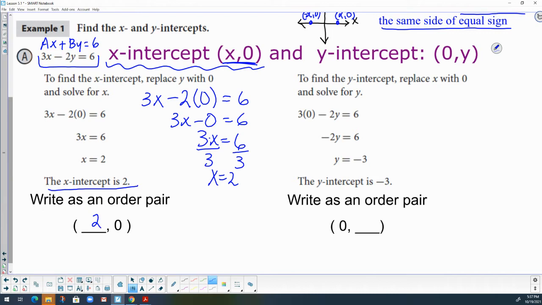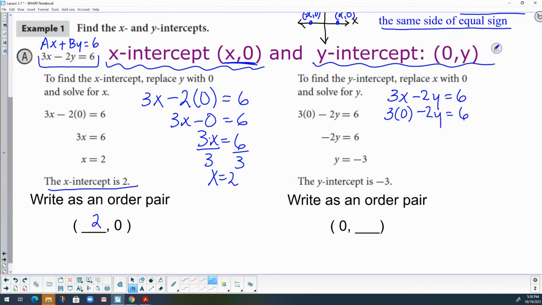Now that I found the x-intercept, I want to find the y-intercept. I'm going to do the same thing, but this time for my y-intercept, my x is 0. So my equation is 3x minus 2y is equal to 6. I'm going to substitute in that 0 where my x is.